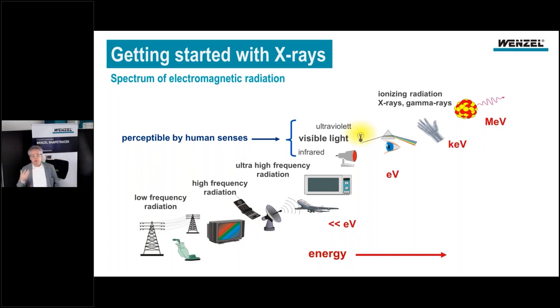Compare it with the voltage again: at home, we have about 110 volts or 230 volts, depending on the country. In the X-ray region, we have 1,000 times more voltage than at home, so we're talking about kV, thousands of volts.